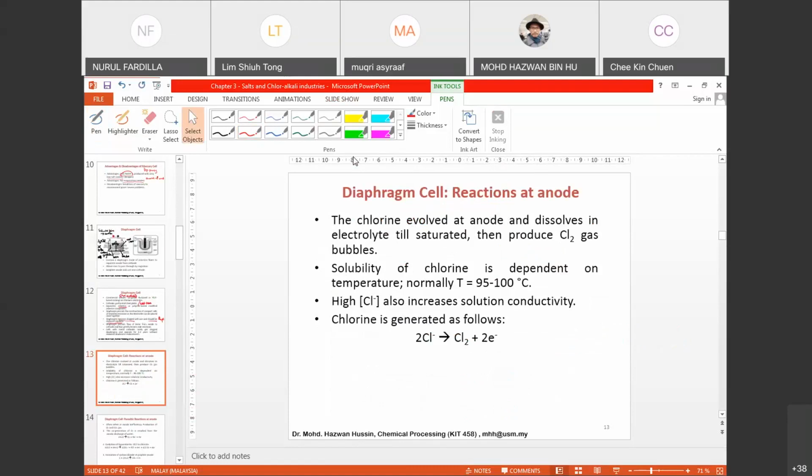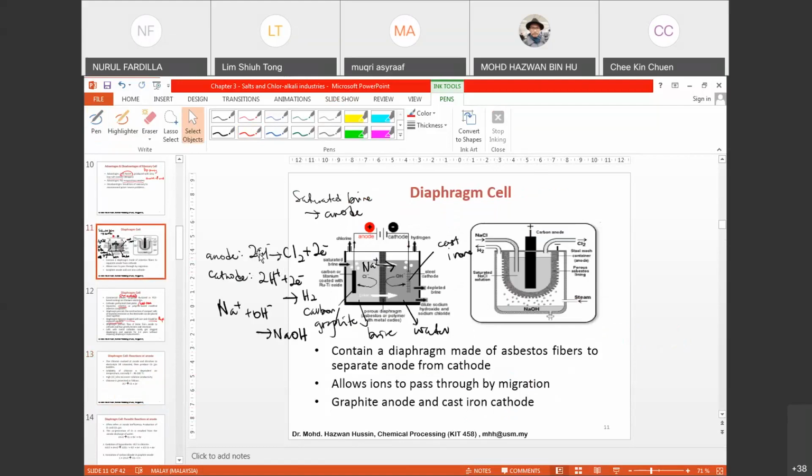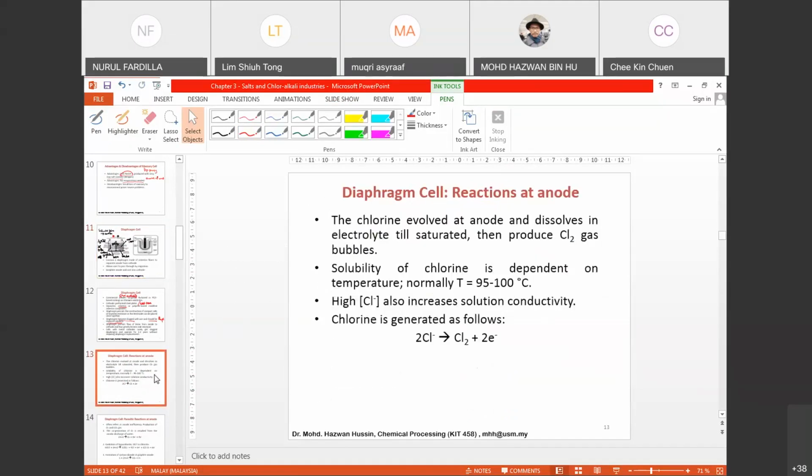Okay, so this will be the reaction at the anode. I think earlier I mentioned to you that this is actually the reaction at the anode. What will be the reaction? The chloride ion will react to produce chlorine gas. Chlorine evolves at the anode and dissolves in electrolyte till saturated.